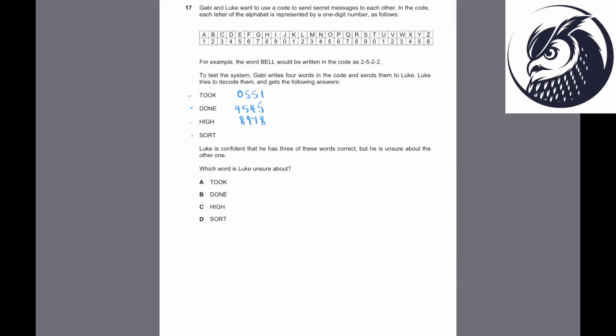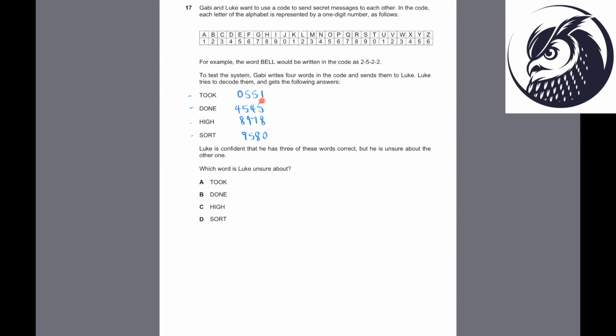And then sort is 9, 5, 8, and 0. Okay, so now you've translated all the words into the original codes. And basically our job now is to figure out which one of these codes could be the most confusing to actually translate into a word.